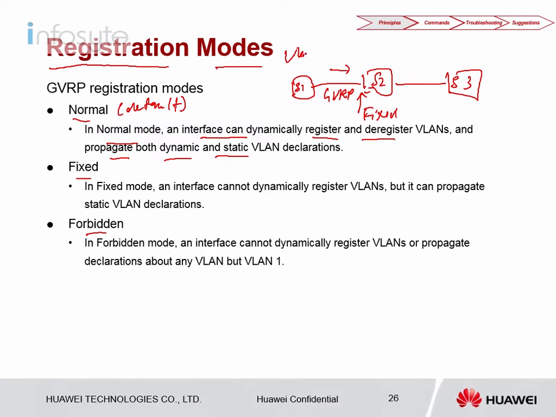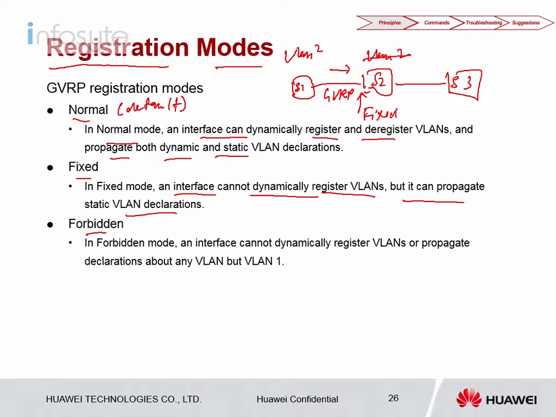If let's say I'm going to create a VLAN 2 here, the GVRP registration will be sent to S2, but S2 will not create the dynamic VLAN. So you can see that in fixed mode, an interface cannot create a dynamic registration VLAN. So VLAN 2 will not appear over here. But it can propagate the static VLAN declaration.